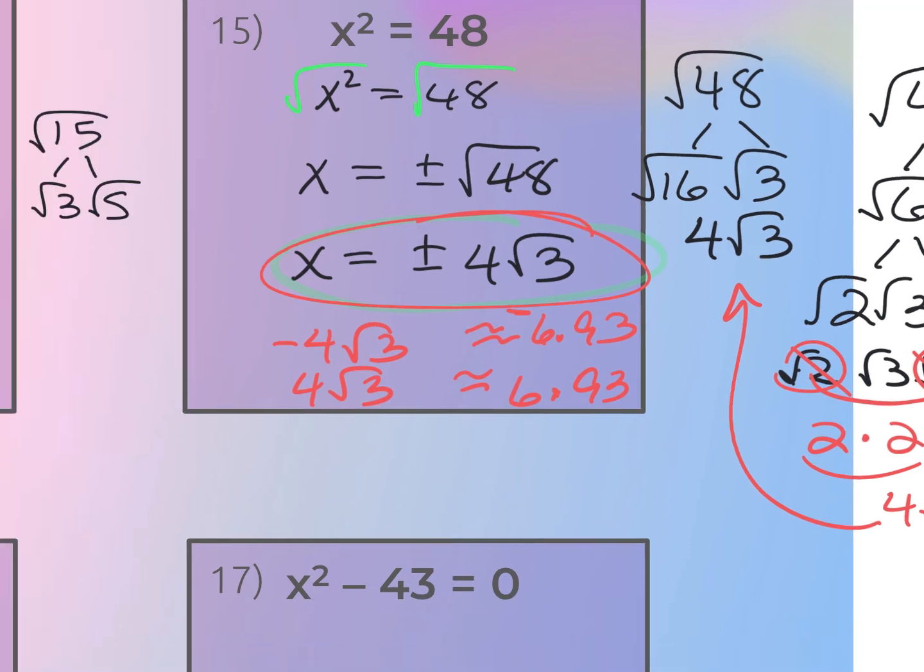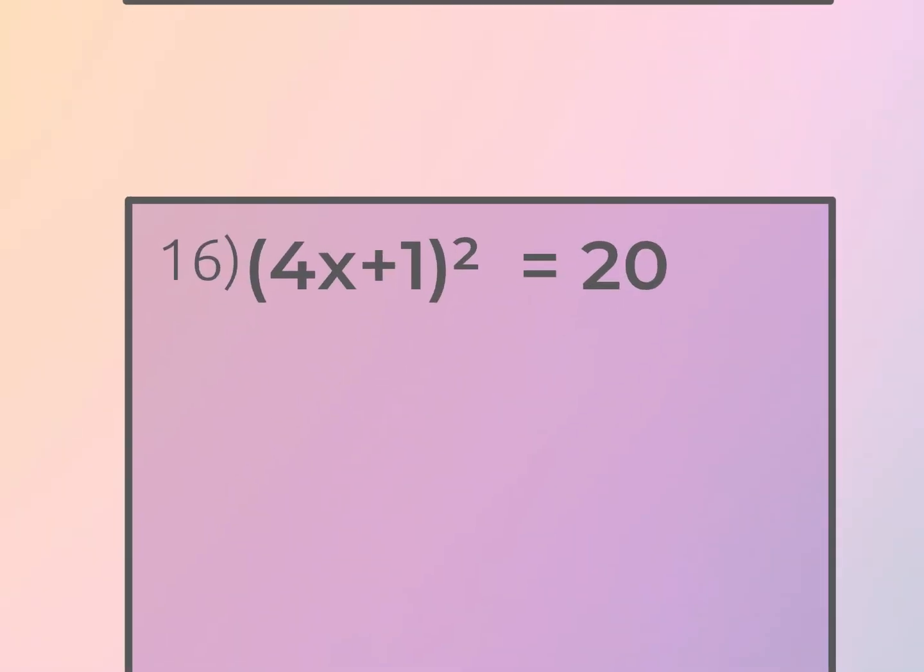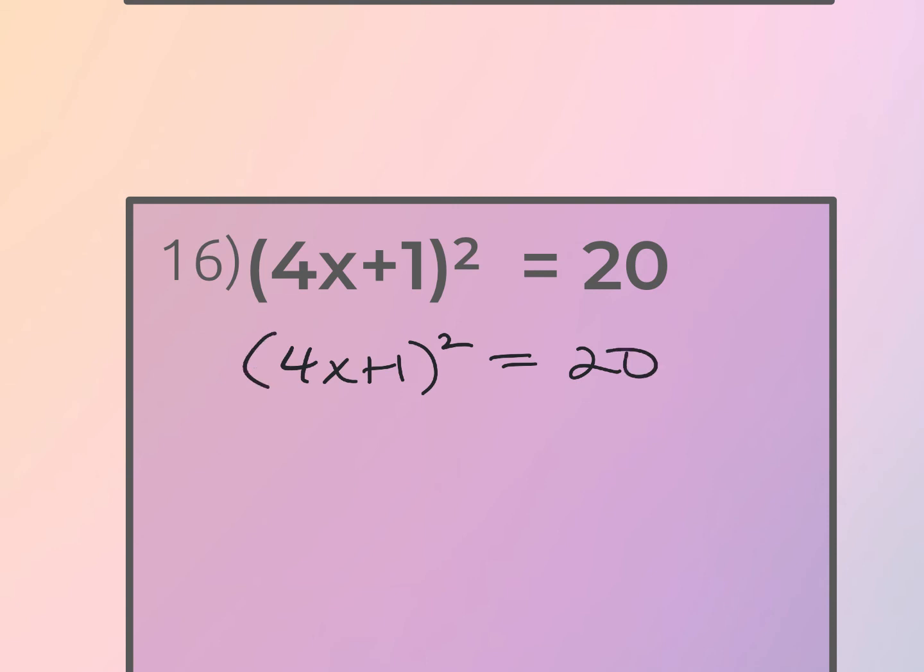Skip one. Yes, I did. Skip 2. Okay, so again, what we need to do here is we need to realize that my squared term is isolated. So I just have to square root both sides. So I square root this, I square root this. This becomes 4x plus 1.